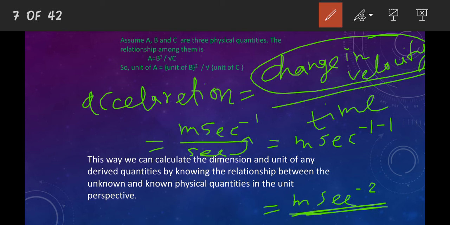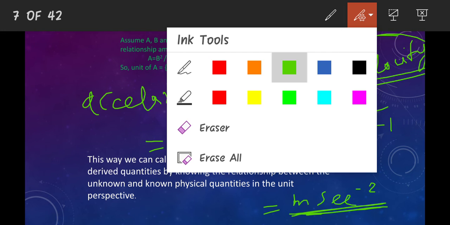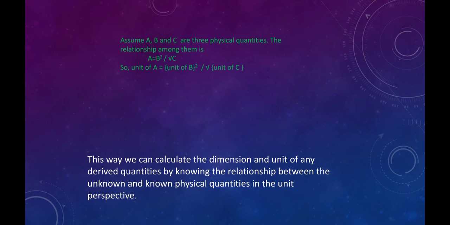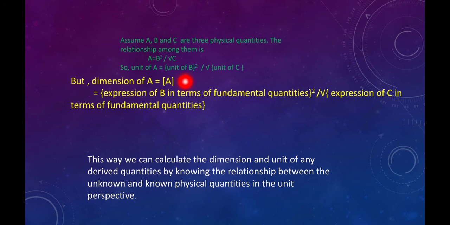Okay, so now come to the dimension of these quantities. The dimension of A in third bracket can be expressed in terms of fundamental quantities, and the expression of B in terms of fundamental quantities. So you have to remember, the dimension must be calculated only in the form of fundamental quantities.